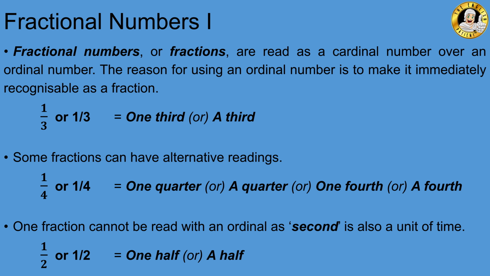And this is actually a common expression when you're asking people to wait. You'll say, oh, 1 second, meaning, can you wait just a little bit, please? So it would be very much confused. And the reason we are using a cardinal over an ordinal number is for clarity. So this is not read as one second. Instead, it's read as one half or a half.